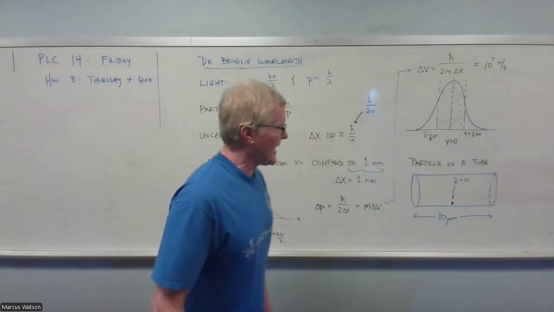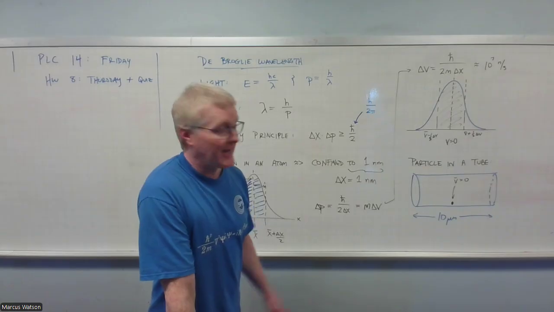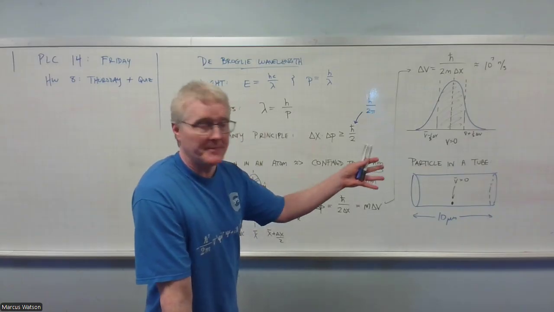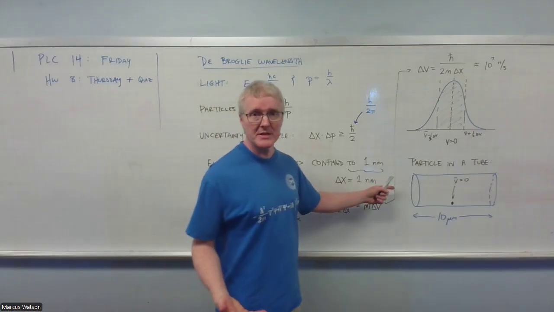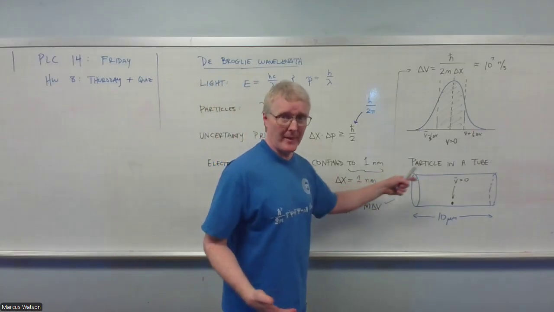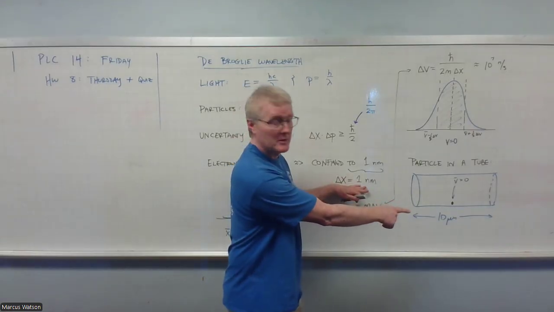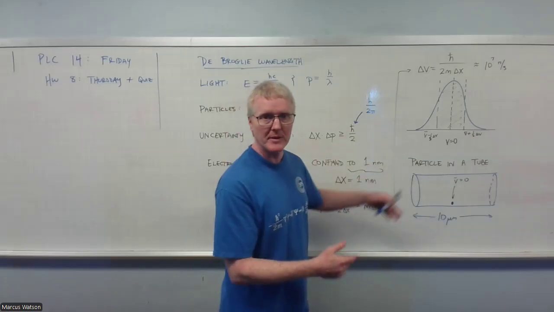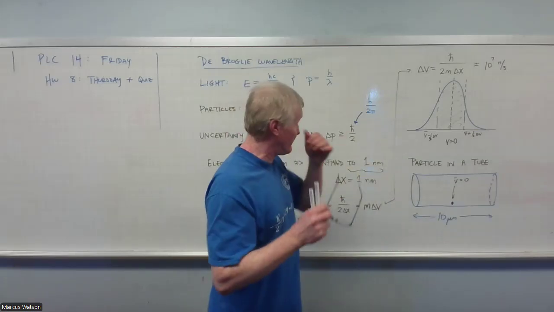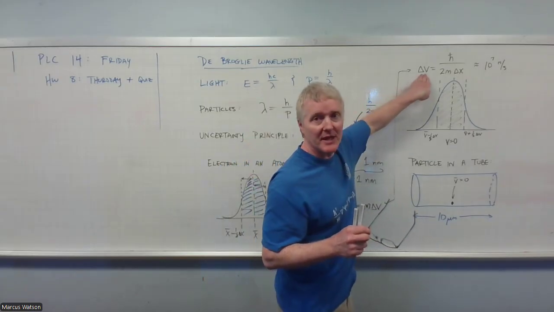Then I'm going to ask, what is my uncertainty in that velocity? And I'd go through the same exact analysis. My uncertainty in where the dust particle is would be the length of the tube. Then I would go through and divide the mass off. I would have to know something about the mass of the dust particle and figure out what the uncertainty in the velocity is.